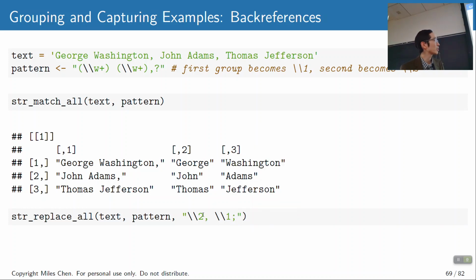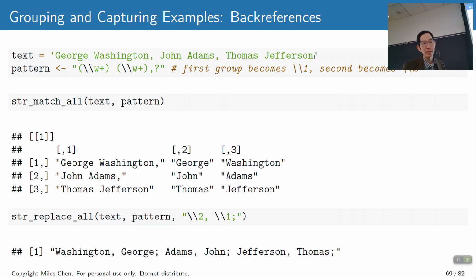So this will take the text George Washington, comma, John Adams, comma, Thomas Jefferson, end of string, and replace it with Washington, comma, George, semicolon, Adams, comma, John, semicolon, Jefferson, comma, Thomas, semicolon. So this would be like, if you wanted to turn this into last name, first name and separate it out like that.